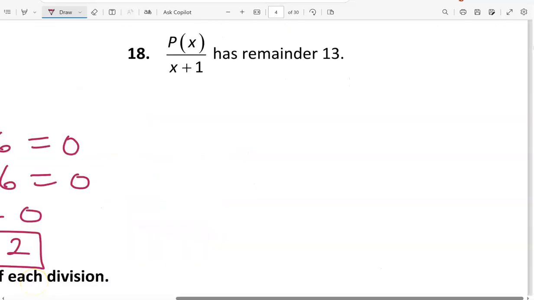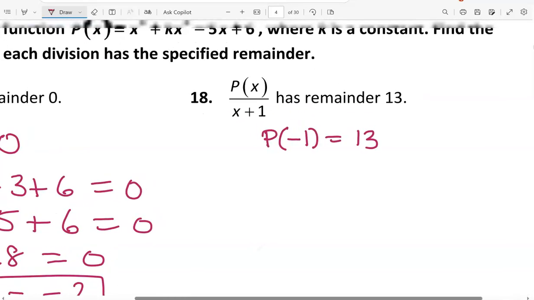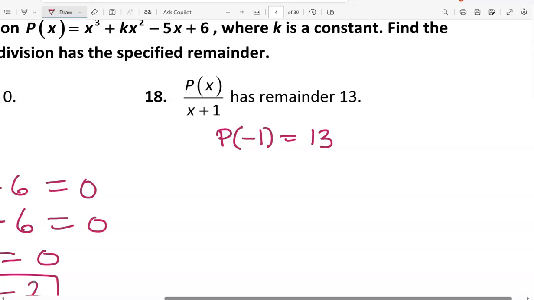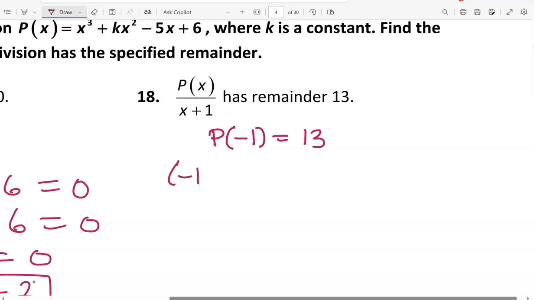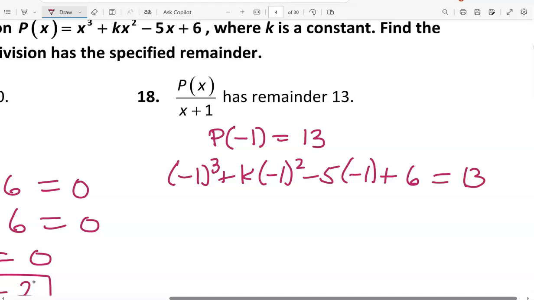In 18, p of x divided by x plus 1 has a remainder of 13, which is equivalent to writing p of negative 1 equals 13. So we're going to take our function p of x and replace x with negative 1. Negative 1 cubed plus k times negative 1 squared minus 5 times negative 1 plus 6 should equal 13.